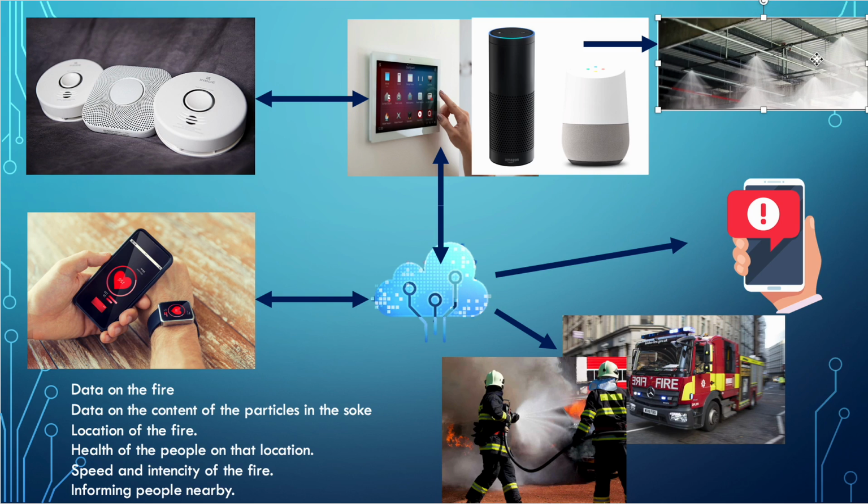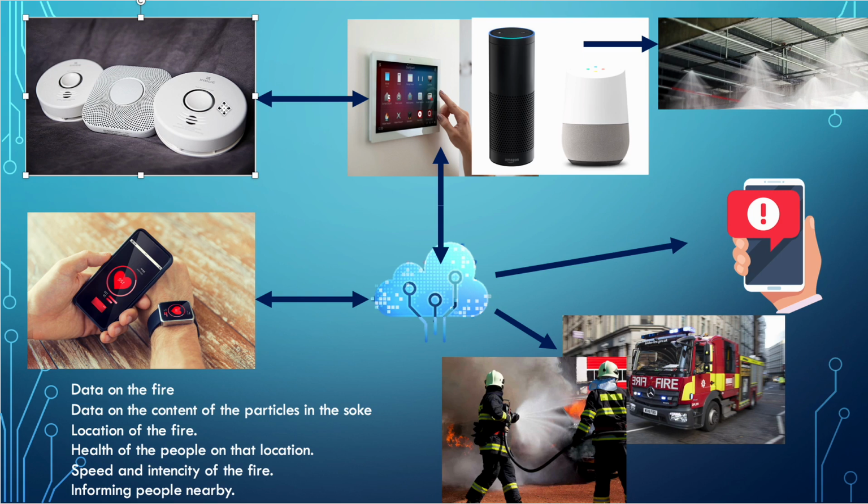Particularly because this is an IoT system, this can be made just so that the fire suppression system in that particular location, that particular floor, gets activated first, rather than activating the whole building's fire suppression system and drenching all the equipment, computers, and documentation and everything with water and destroying them.